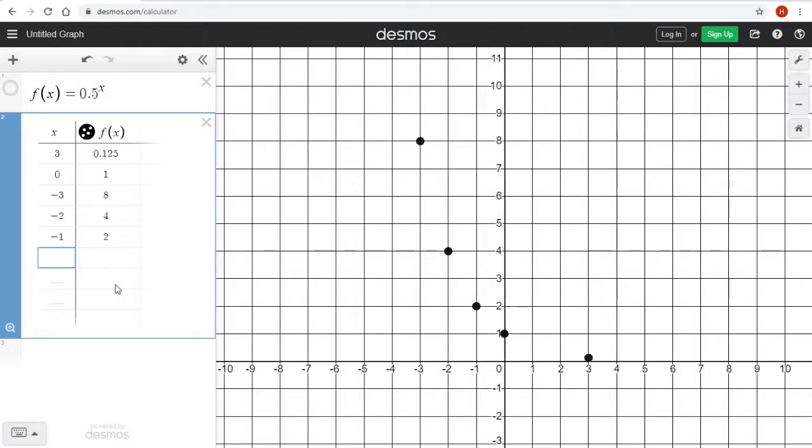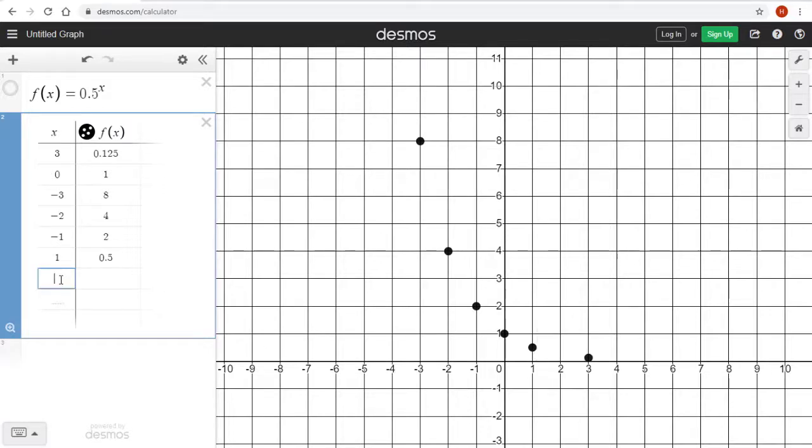But let's put in some more x values so that we can create more coordinate points. So how about x equals 1? And so now our output value calculated by Desmos is 0.5. And so that's consequently giving us a point right here at 1, 0.5 on the coordinate plane.